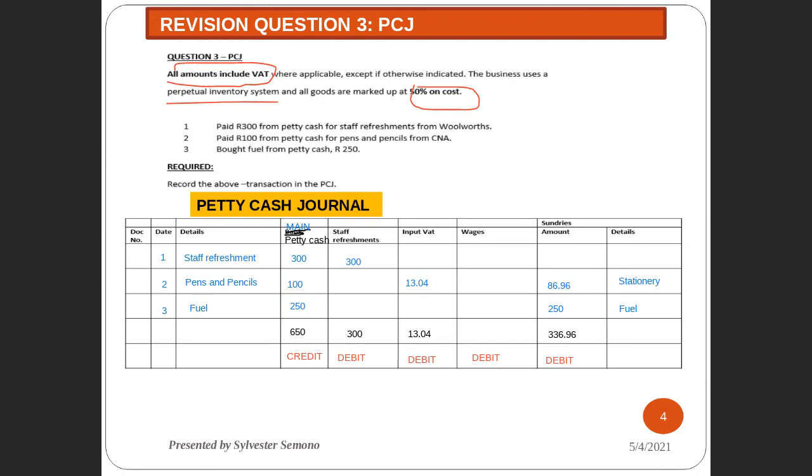But what I want you to know is that you need to make sure that you know how to transfer to the ledger. So I'm just going to take a few questions on the ledger account using the same question. Let me upload that question so that you can see what I'm talking about here.